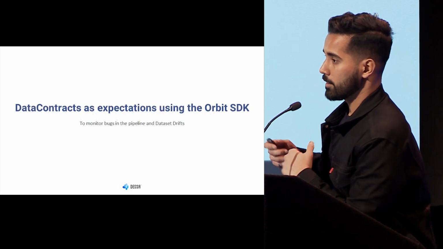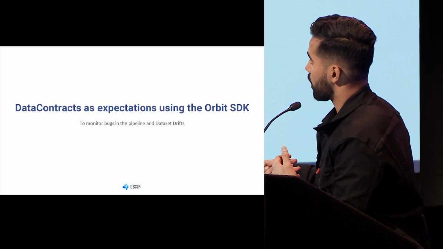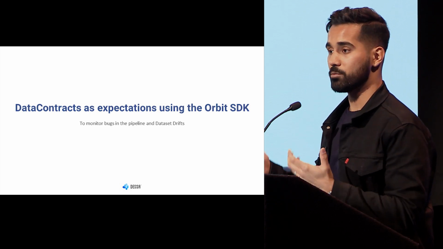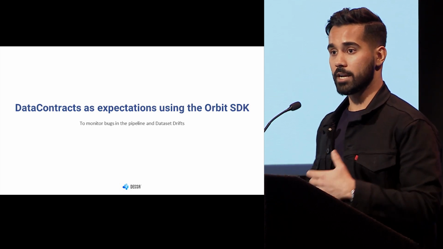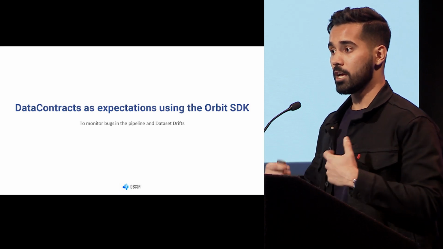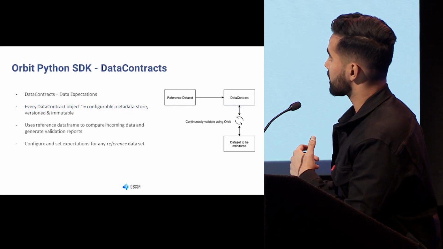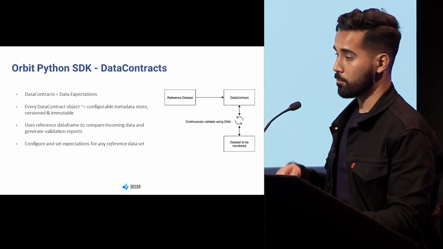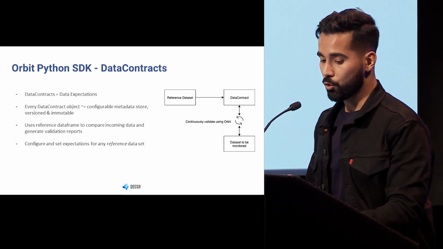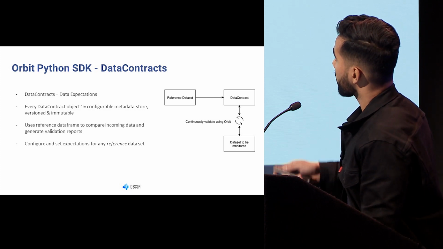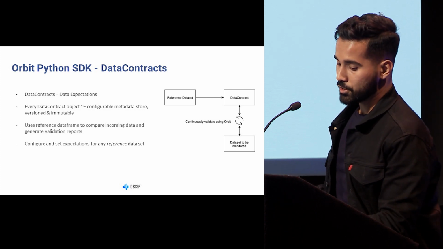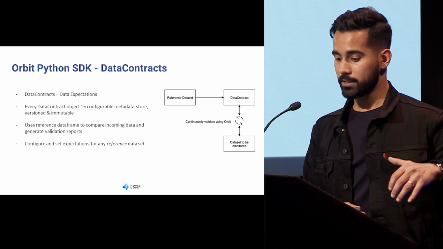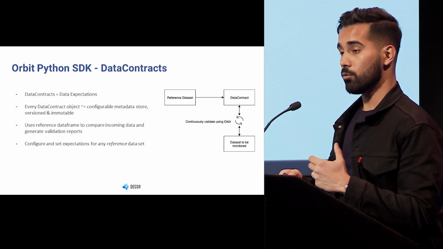In Orbit, we have a concept of a data contracts object, right? Data contracts is just a Python class, right, which stores a whole bunch of metadata. And that's really our way of defining expectations using the Orbit SDK to be able to codify different kinds of expectations. Every data contract is essentially a configurable metadata store that cannot be mutated once it is live.